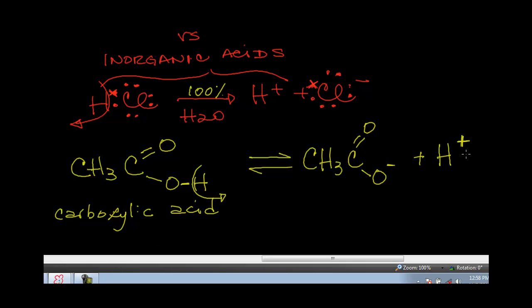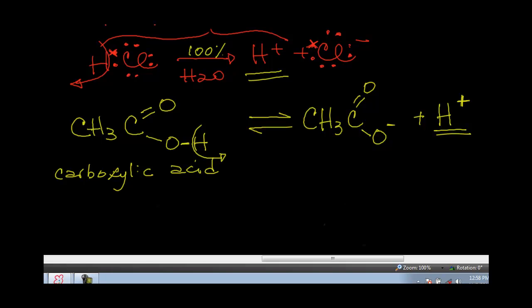So an acid, whether it's an organic acid or inorganic acid, is a substance that increases the hydrogen ion concentration, releases hydrogen ions. So I have hydrogen ions on the product side after the arrow. Organic acids are weak acids. This right here is present in vinegar. Ethanoic acid is present in vinegar. Vinegar is a mixture that's like a 5% solution of ethanoic acid.